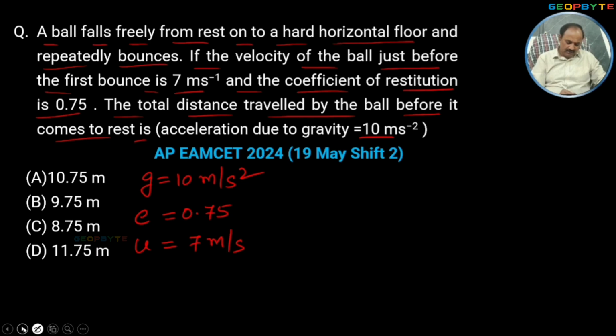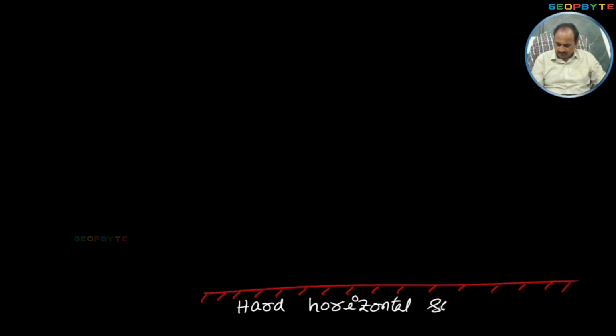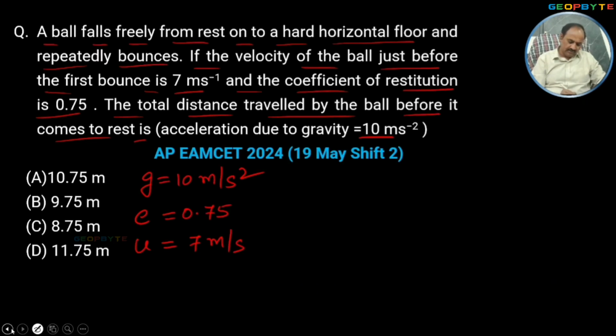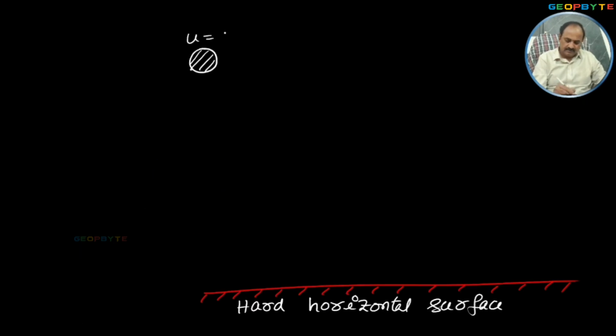Okay, the arrangement may be like this. Let us take the hard horizontal surface. This is the hard horizontal surface. Initially, the ball may be at this particular position with initial velocity u equal to how much it is given? 7 meter per second.